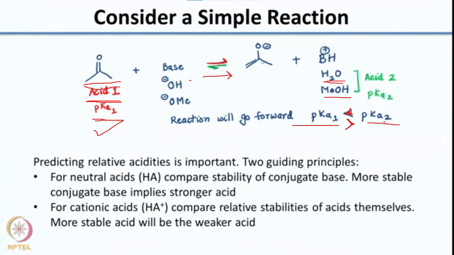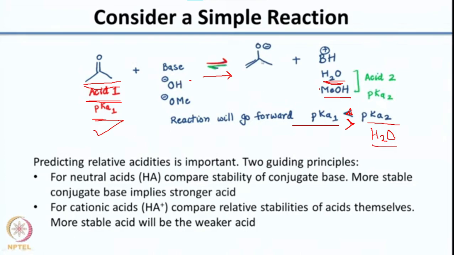Because pKa2 is low, that means water acidity is more, that means it is more stable, right? Stability will also be there. When we are doing the reaction, formation of water is taking place, which is stable because it is more acidic.